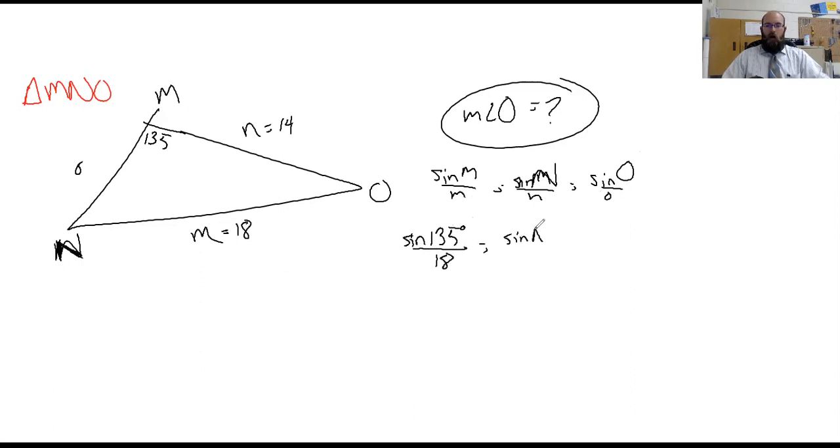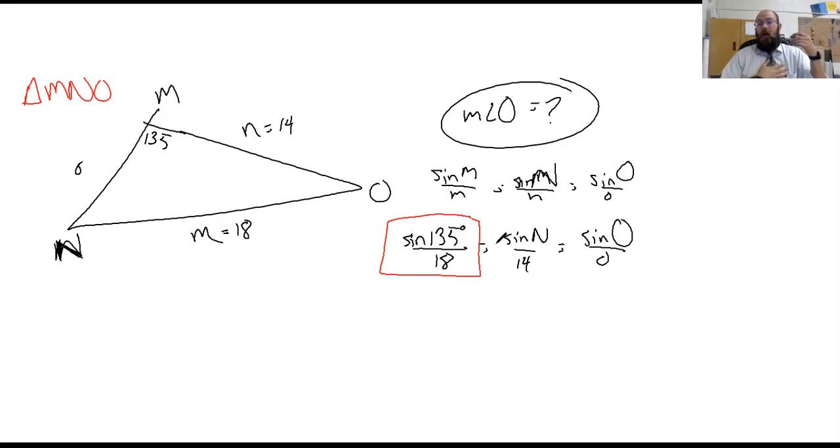I don't know angle N, but I know side length n, and I don't know anything for O. Now is where I look at this. Do I have a completed ratio? Later, if we don't have a completed ratio, we have to do law of cosines. But I do. I have both of the M's here. So I'm going to highlight that in red. I have both things. I can figure out what that number is explicitly.